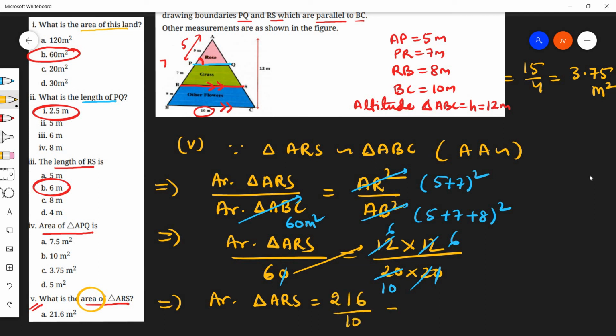Denominator we have 10. So the area of triangle ARS is 21.6 square units, so meter square, and which is the first option, A. That means I have picked up the question up to this.